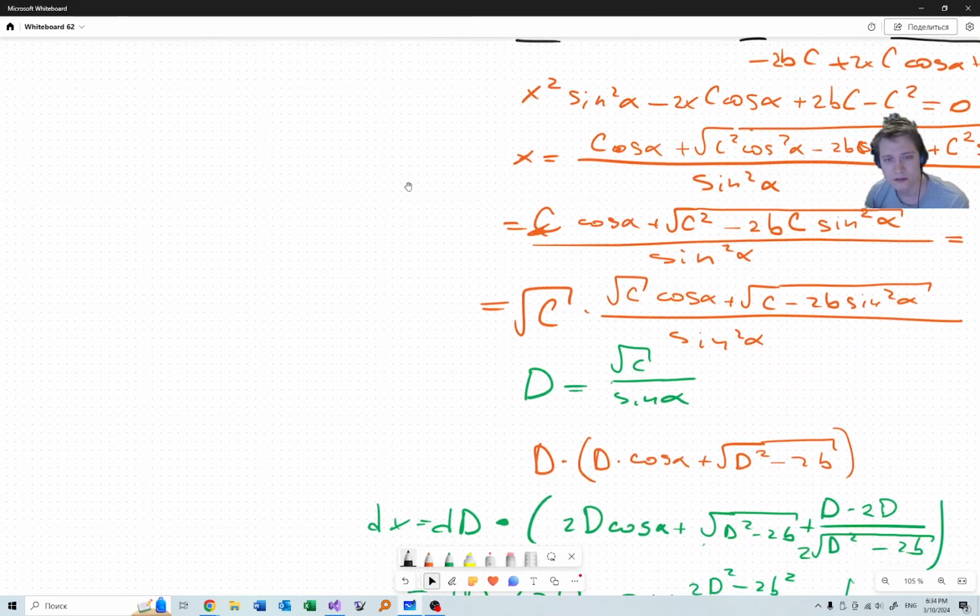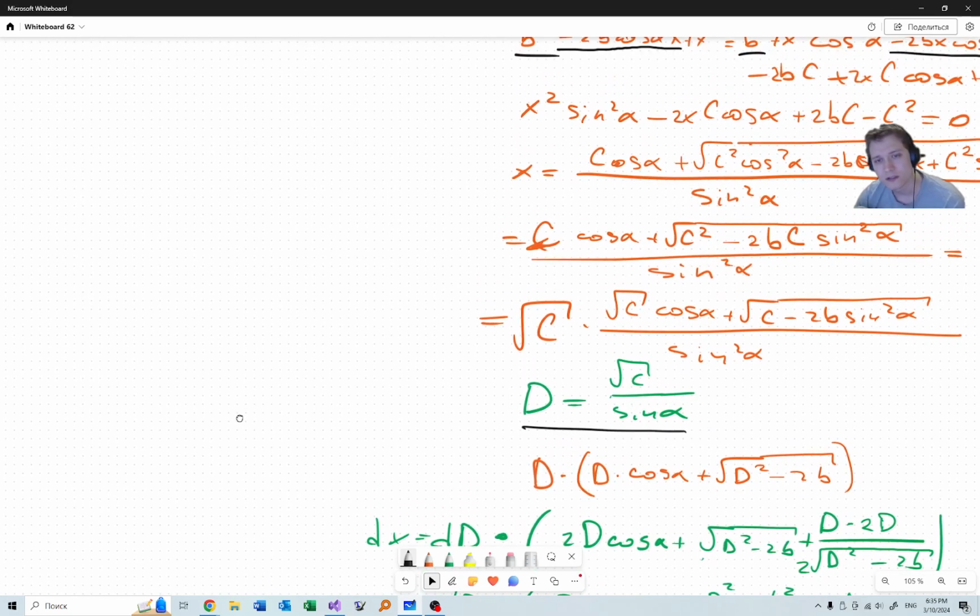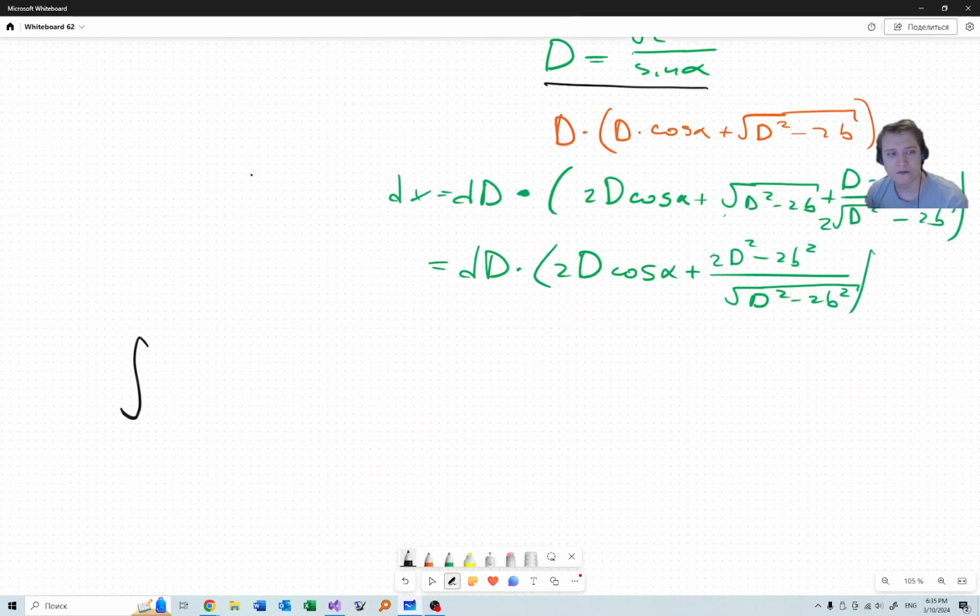However, here I need to take the root and divide by sine alpha. So I get the square root of 2b over sine alpha. Okay, let's substitute now a.